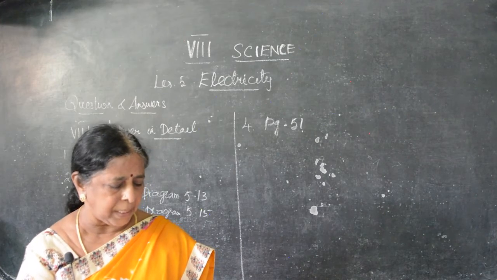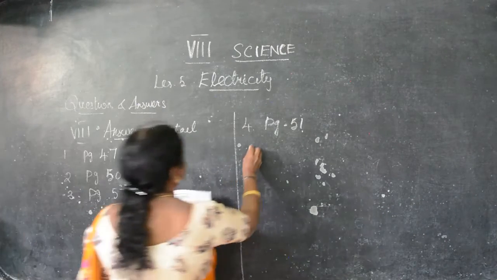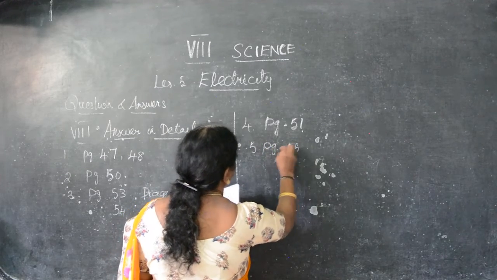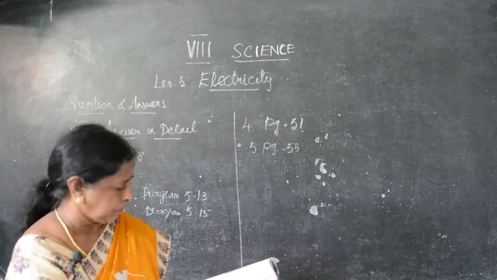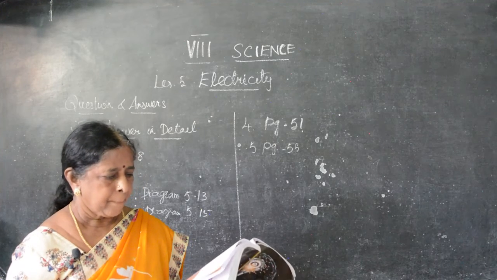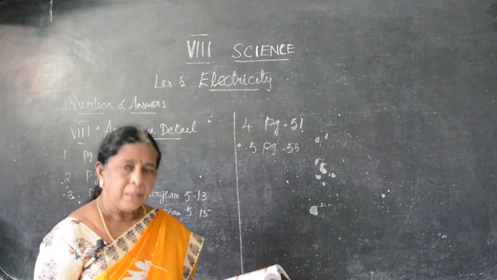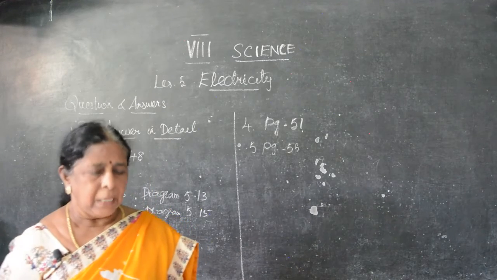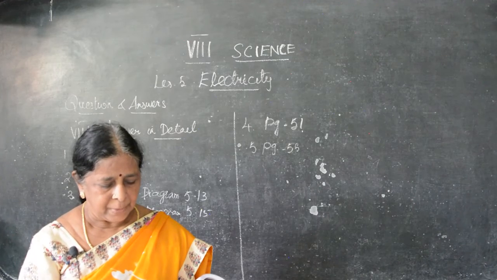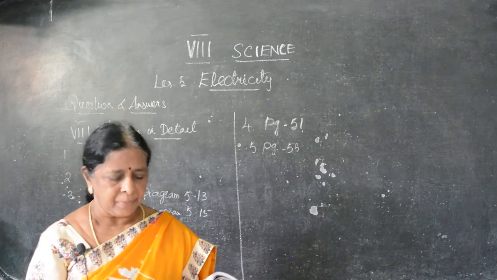We are going for the last thing. What is electroplating? Explain how it is done. This is in page number 55. Under the heading electroplating, first paragraph, first line itself.